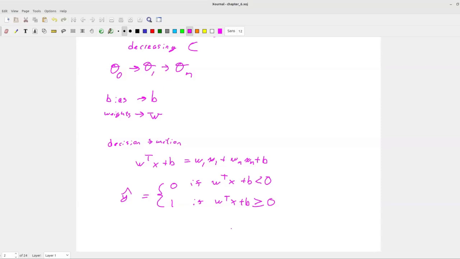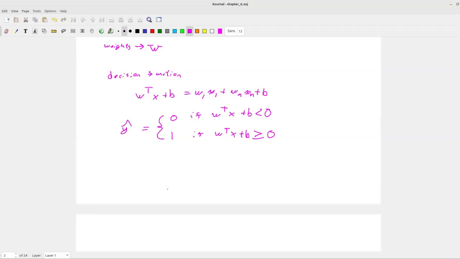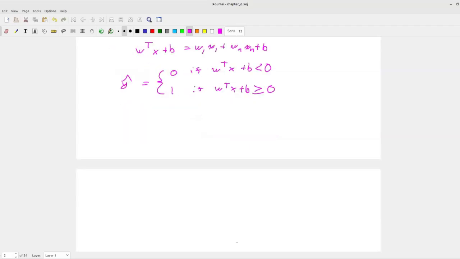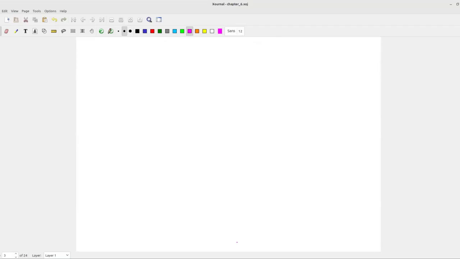Now, if I were to draw this out on my 2D plane, what does this look like? So we want to draw out the decision boundary.